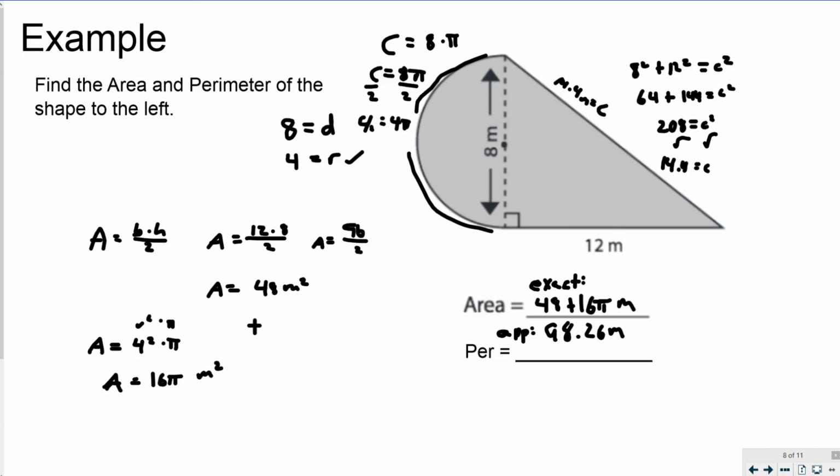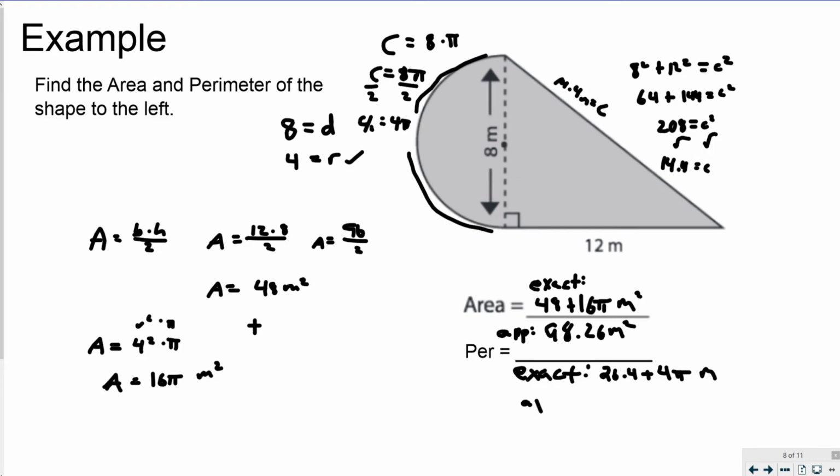So we're going to need to add 14.4 plus 12 plus 4 pi, but we can't really add it together. So exactly, the perimeter is 26.4 plus 4 pi meters. Oh, this should be meters squared up here.